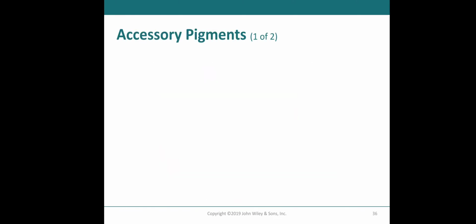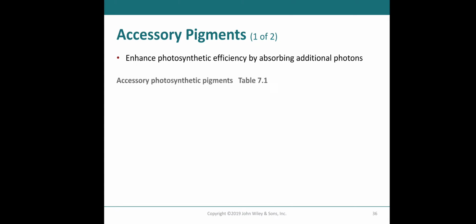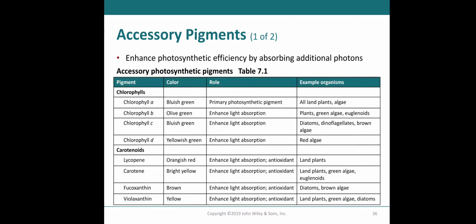Now, aside from chlorophyll, you also have other accessory pigments. These accessory pigments enhance the photosynthetic efficiency by absorbing additional photons of different frequencies. Of course, aside from the chlorophylls, by the way, we have different forms of chlorophyll: A, B, C, and D. Each has different colors.